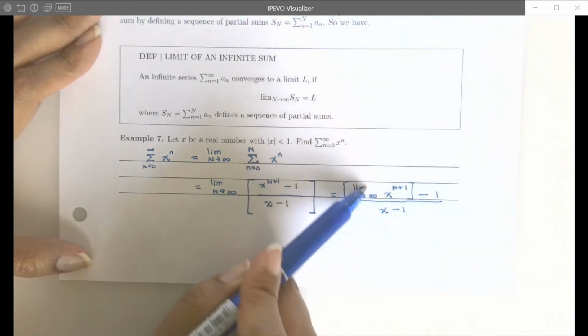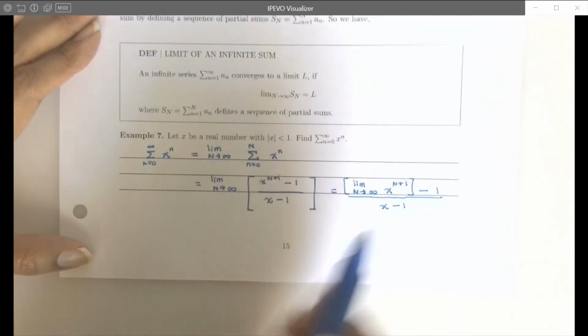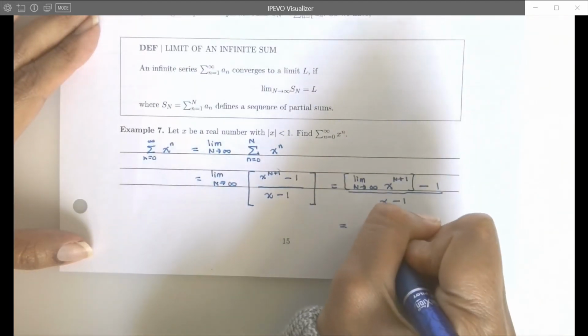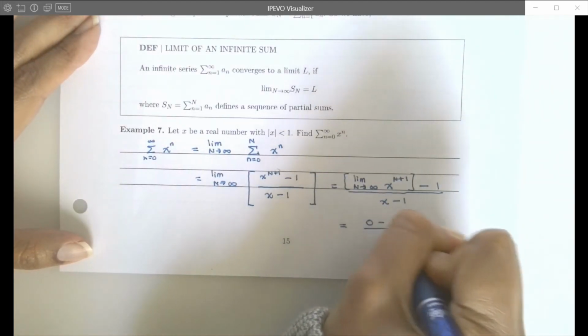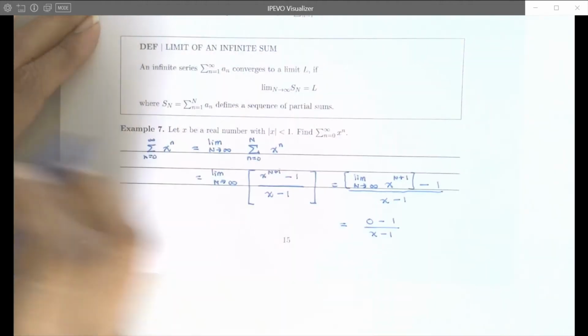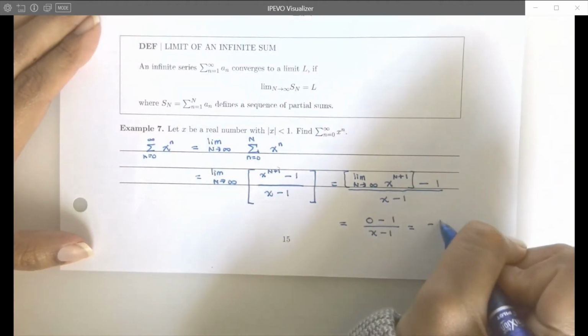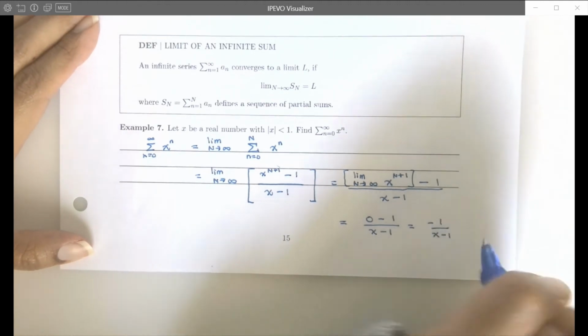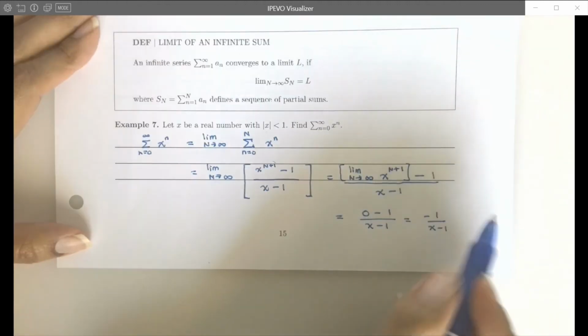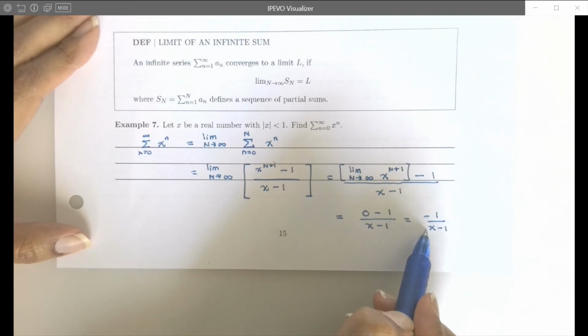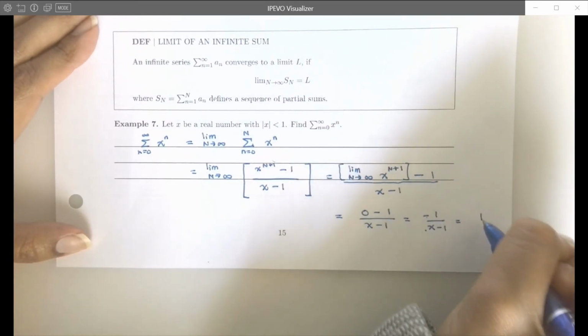And this is going to tend to 0. So we get 0 minus 1 all over x minus 1, which means we end up with negative 1 over x minus 1. And if we bring this negative to the denominator and distribute, we'll have 1 over 1 minus x.